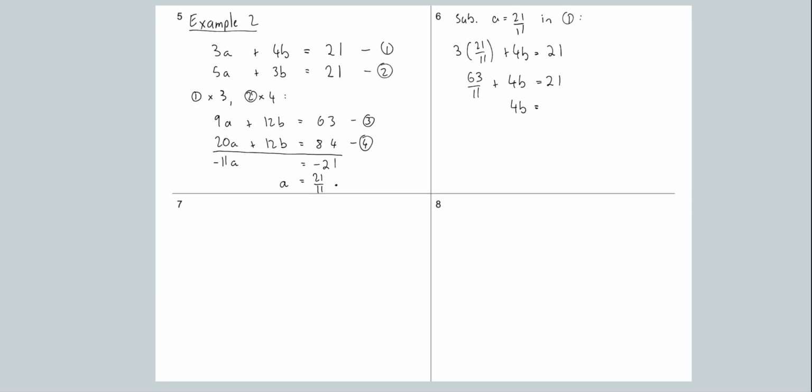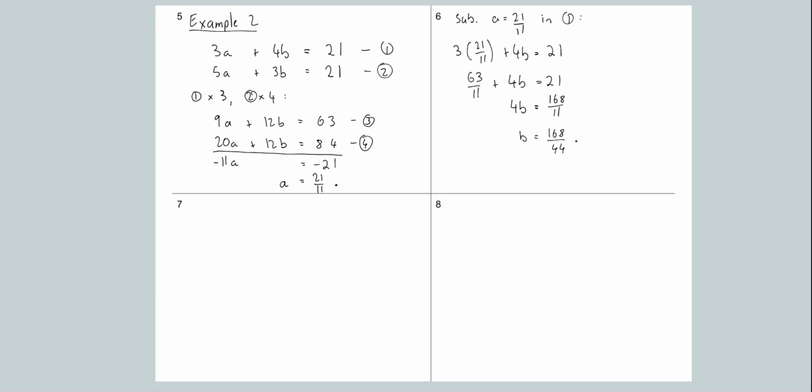And I'm going to have to work out what 21 is as 11ths. I've got my calculator here, and I'm going 21 times 11, which is equal to 231. Then I take 63 away from it, and I get 168. That's 168 over 11. And then if I divide both sides by 4, I get 168 over 44.